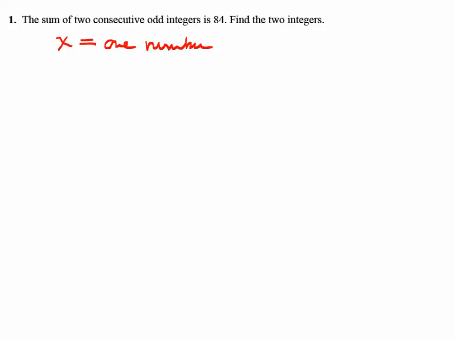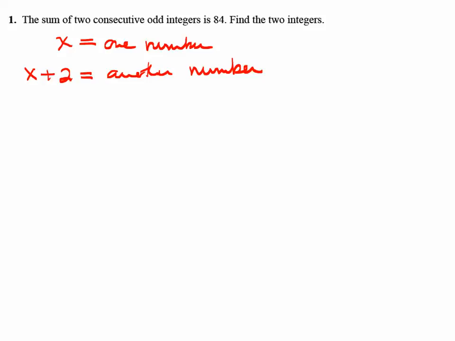So the first one is x. What's going to be the second consecutive odd integer? x plus 2 is a good one. That's going to be the other number, the second number, or the other odd integer, whichever you like.